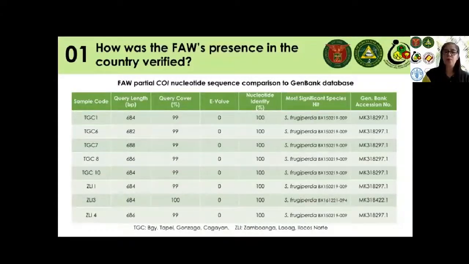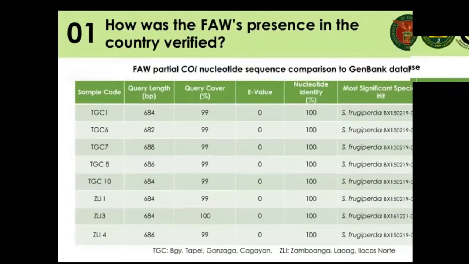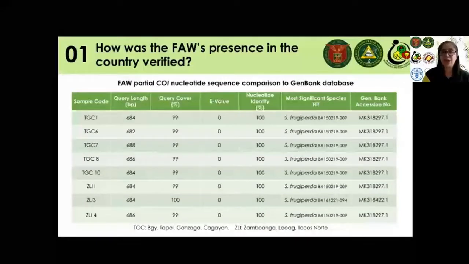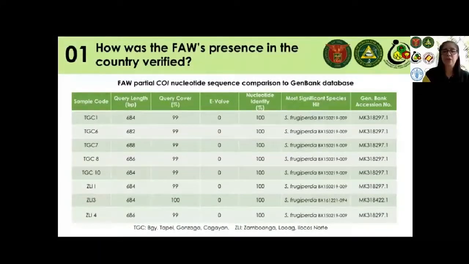Nonetheless, both of these significant hits are from the study of Gilligan on the identification of heliothine larvae intercepted at the U.S. ports of entry from the New World, which was published in the Journal of Economic Entomology.